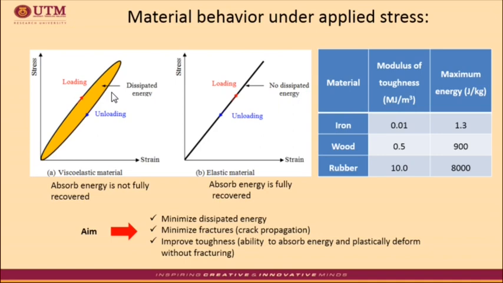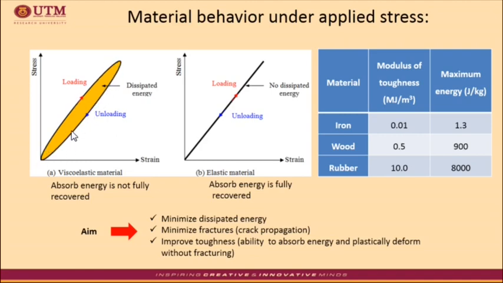This is because when the load is applied to elastic materials, there is no hysteresis loop, as shown in the figure, which means the absorbed energy is fully recovered. This effect describes that the energy stored in the material when it is compressed is dissipated in the form of heat contributed by the internal friction.